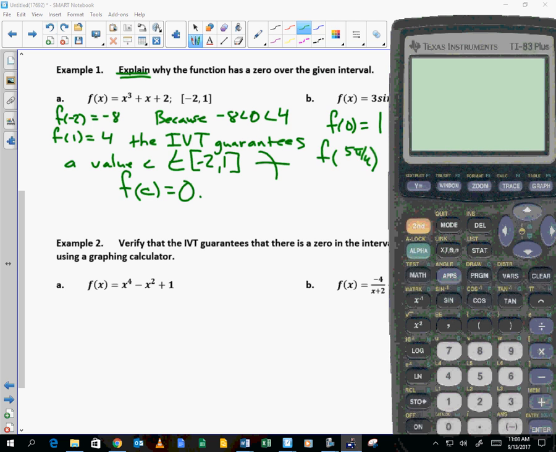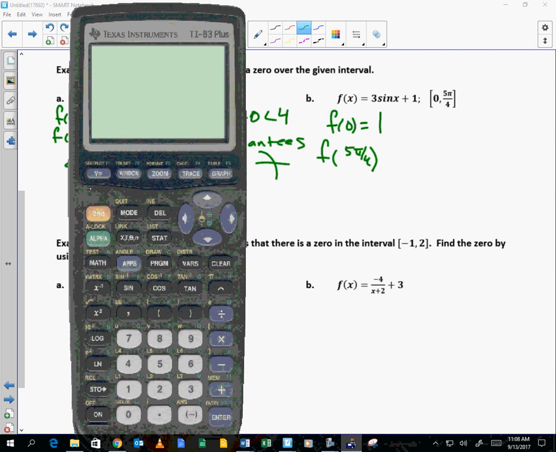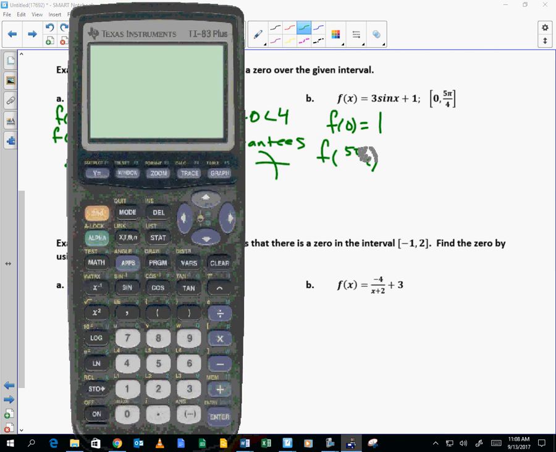What's the sine of 5 pi over 4? Negative root of 2 over 2 times 3 is negative 3 roots of 2 over 2 plus 1. So for those of you who have no idea, 3 times the sine of 5 pi divided by 4 plus 1, we get negative 1.12.